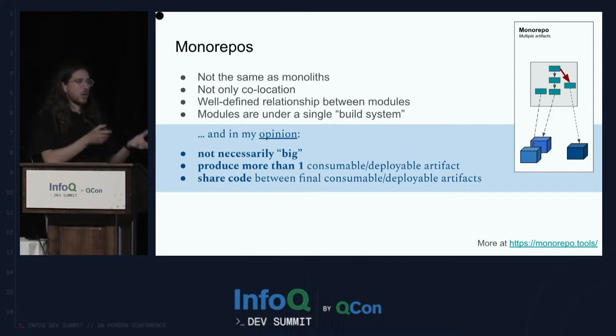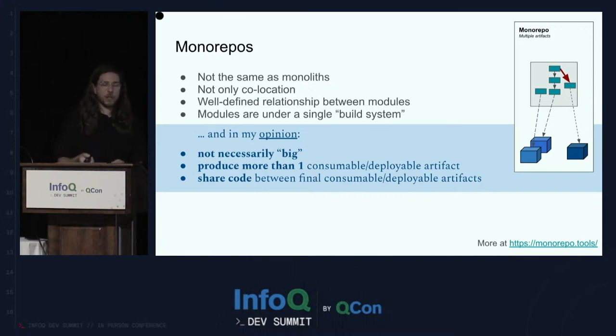Also, putting code together on the same repo does not characterize a monorepo as well, because if you don't have the sharing relationship, then it's just a bunch of modules that are disjoint and produce artifacts from the same place. And of course, to have a monorepo, you have to have very well-defined relationships between them, so you can very distinctively draw the diagram that represents your dependency relationships, right?